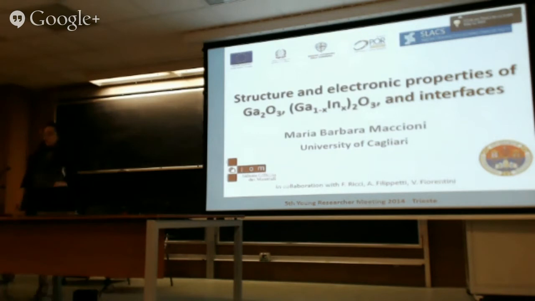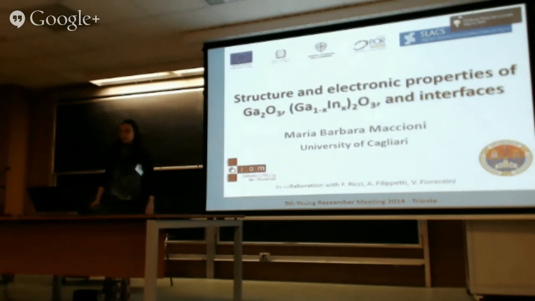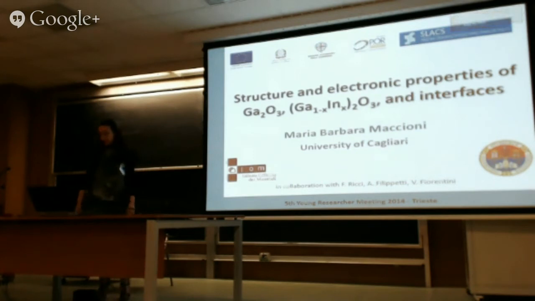So good morning, everybody. I'm Maria Barbara Maccioni, and I'm a PhD student at the University of Cagliari. I've studied the structure and electronic properties of gallium oxide and its interfaces in collaboration with Francesco Ricci, Alessio Filippetti, and Vincenzo Fiorentini, my research group.